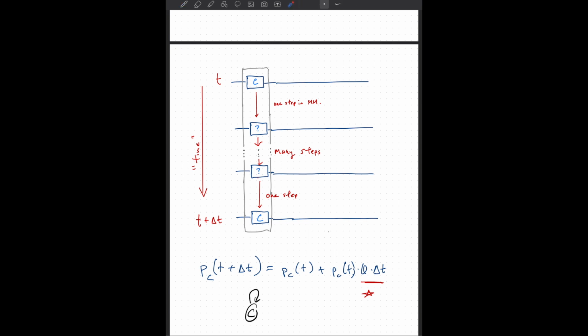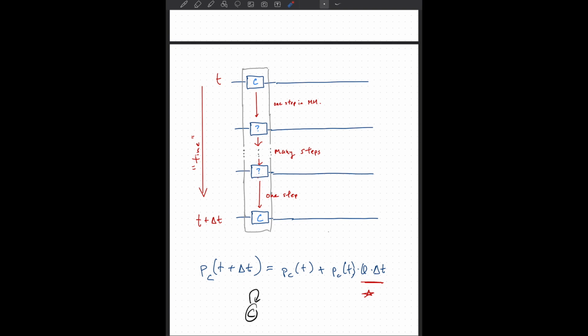Another possibility is that I go to state A, and then I go to a bunch of other states, and by dumb luck, I end up back at state C at that time. What I'm not interested in is starting in state C, bouncing around and not ending up in state C. That's not what I want.